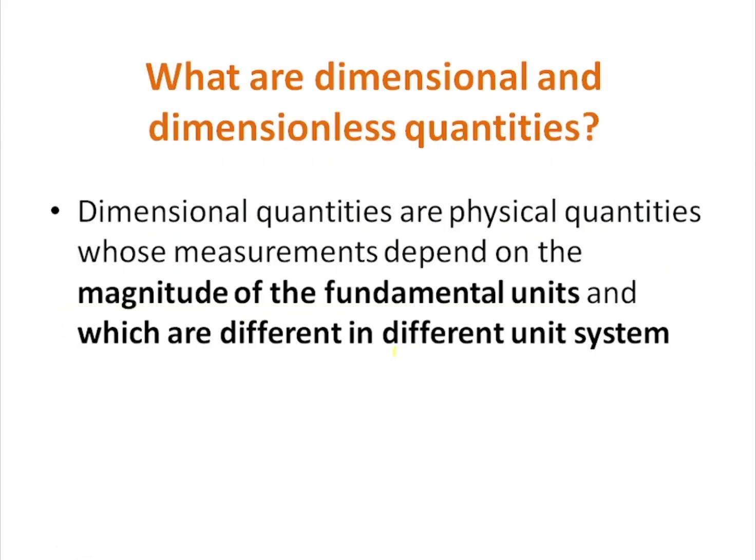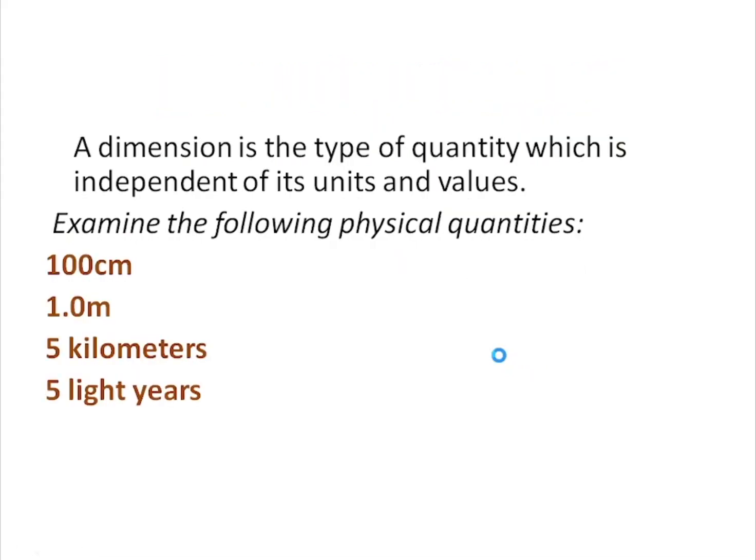What then are dimensional and dimensionless quantities? Dimensional quantities are physical quantities whose measurements depend on the magnitude or the fundamental units, and which are different in different unit systems. A dimension is the type of quantity which is independent of its units and values.